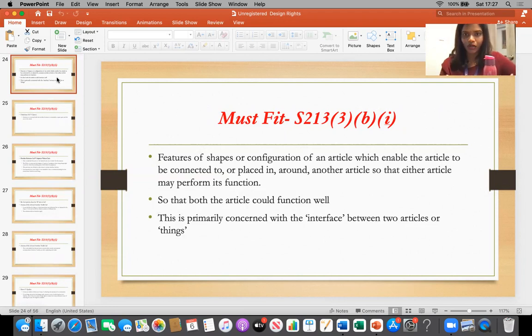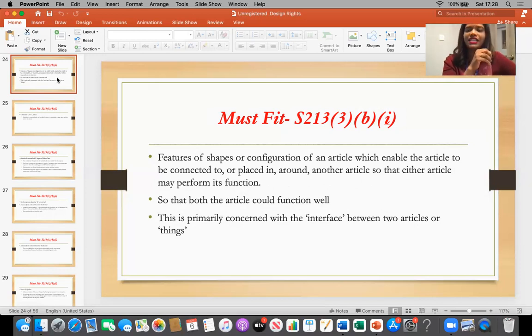So when we talk about must fit, you must show that there is an interference. Okay, there is an interference, the inside of the cap and the outside of the cap. You must show an interference, you must show a connection. So therefore, you can say that this is the must fit exclusion.